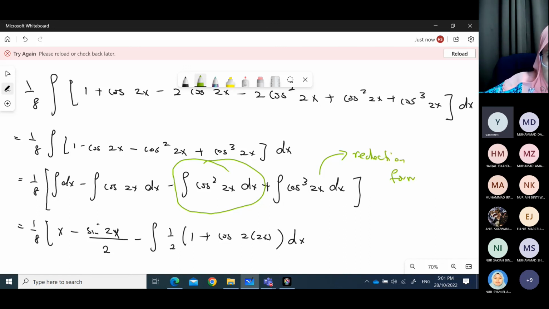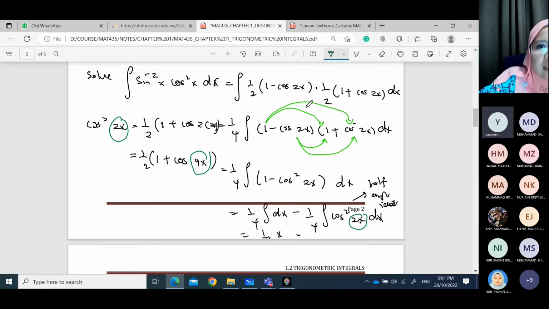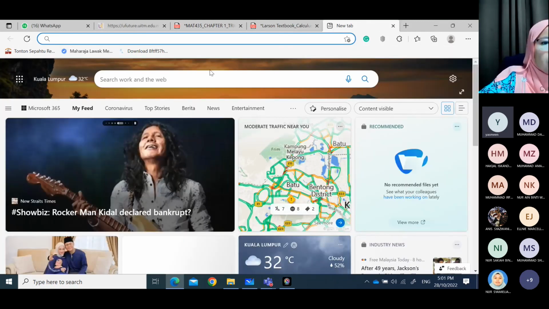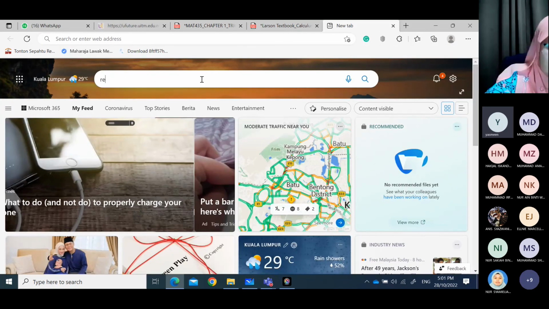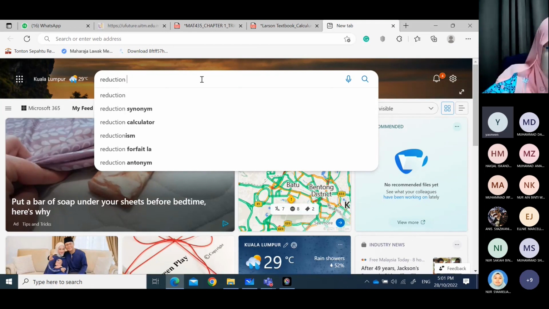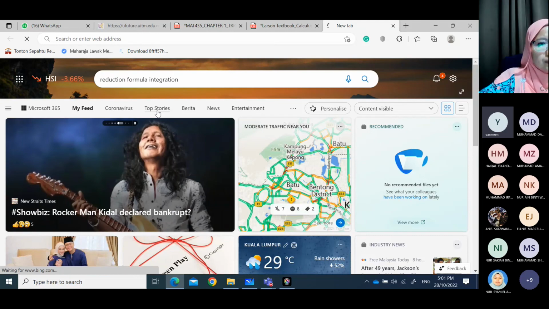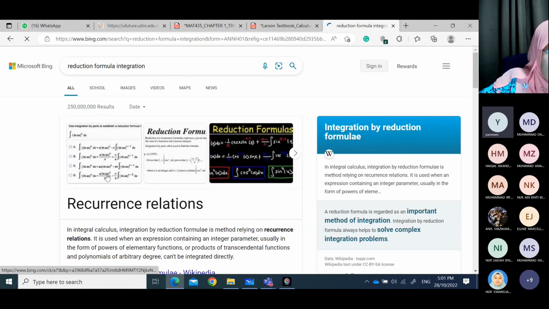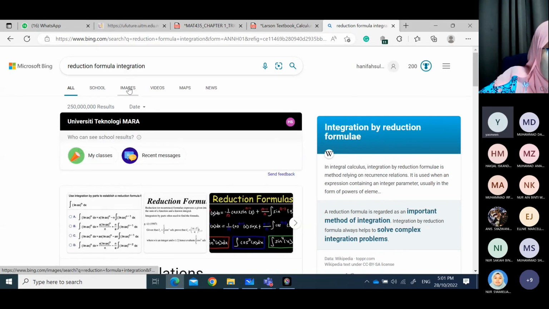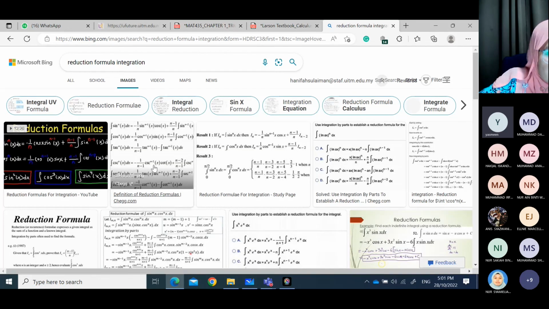Reduction formula. So reduction formula, kita tengok kat sini apa formula dia. Kita tengok kat image lah, senang.